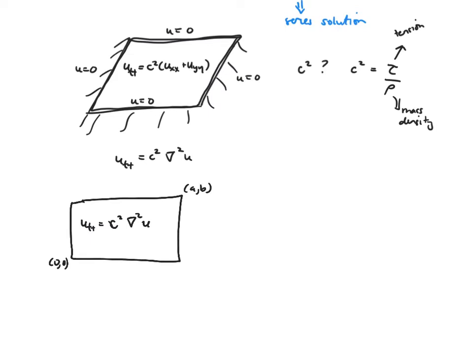So right over here, let's say, u of 0, y, and t is equal to 0. u of a, y, and t equals 0. u of x, 0, and t is 0. u of x, b, and t equals 0. So homogeneous Dirichlet boundary conditions all the way around this rectangular drumhead.